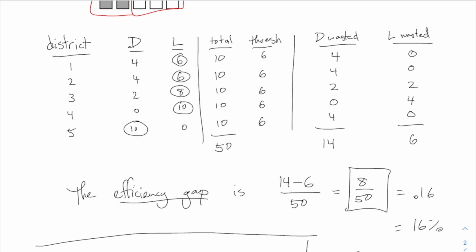Okay. Good. Yeah, that's good. Yes, that first one is zero. Yes. All right. Okay. Good, good.